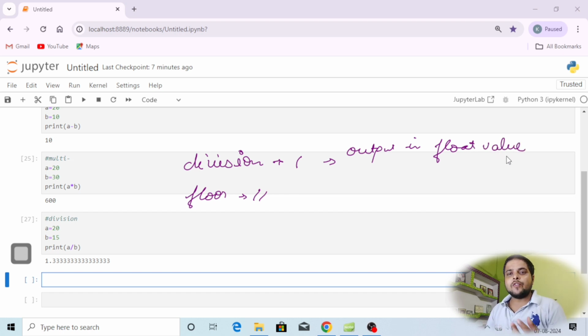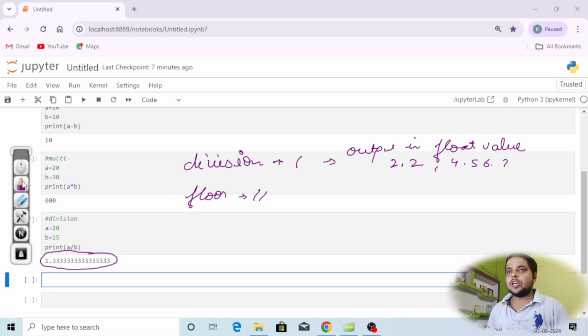Division हमें output देगा float value में, means values which have decimal parts also, like 2.2 or 4.567. This answer is in decimal value, है ना, or a float value.